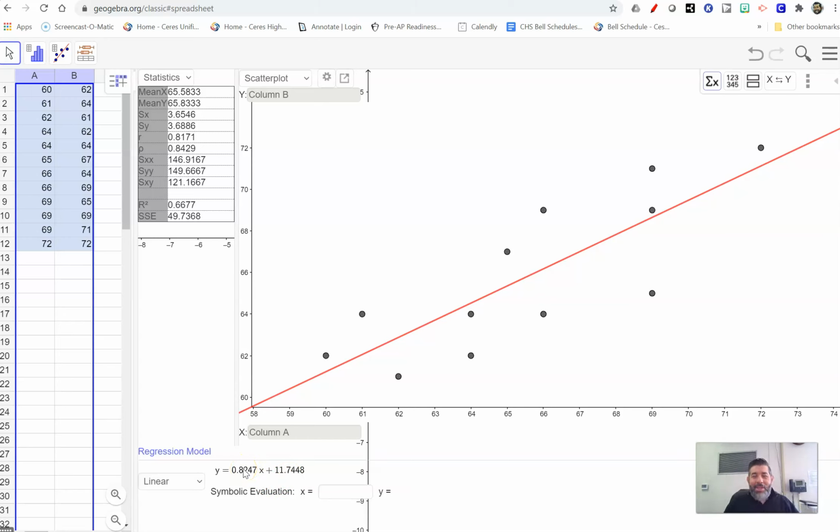For the slope, for every inch, these are in inches, for every additional inch in height, we would expect to see an average increase of 0.8247 inches in wingspan. We want to be specific, we expect it, right? Because this is just a prediction. We want to make sure we talk about for every unit increase of the x, we're going to see the slope amount increase, or decrease if it was negative, for, in this case, the wingspan.